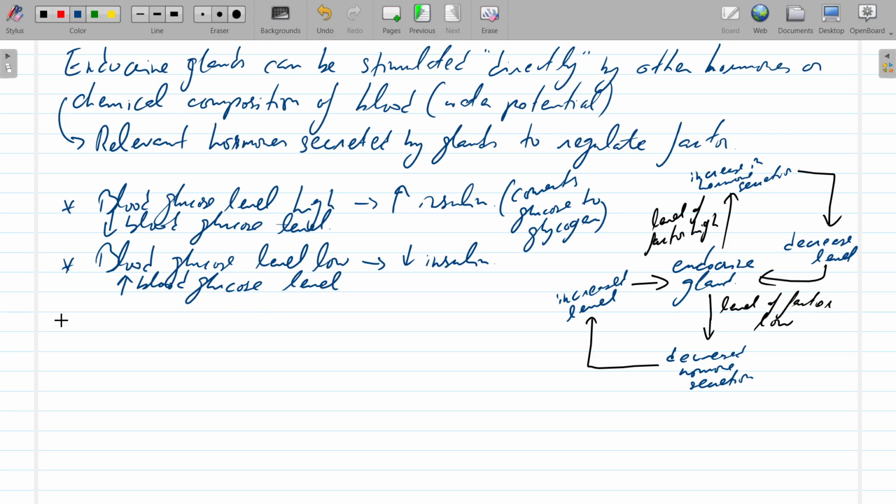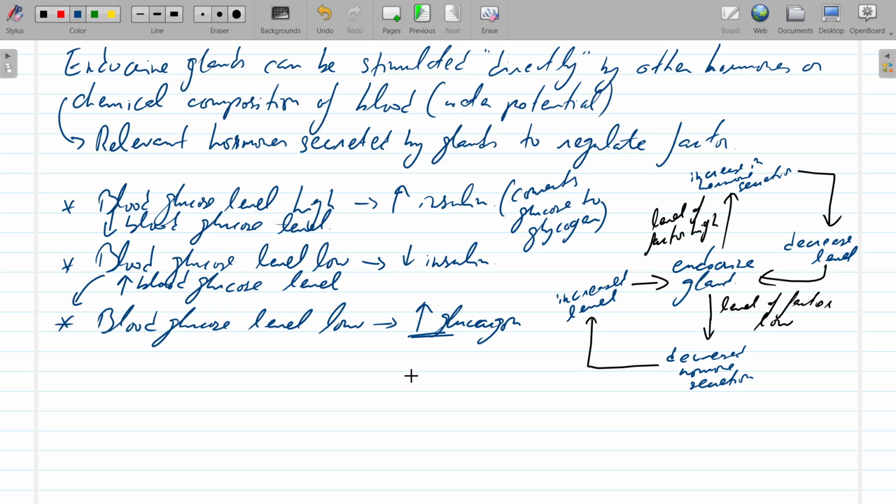But this also happens when your blood glucose level is low. You have an increased secretion of glucagon, which this flow chart doesn't represent, and that also helps raise the blood glucose level.